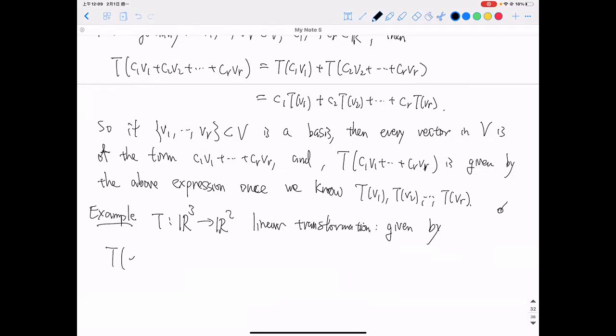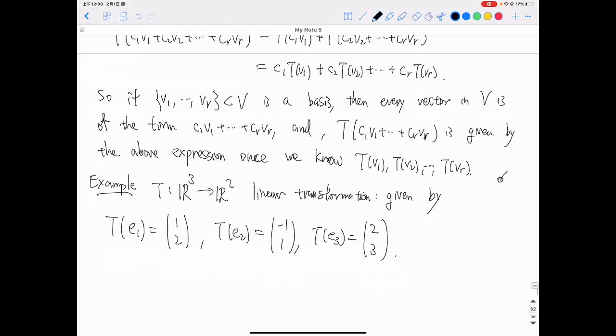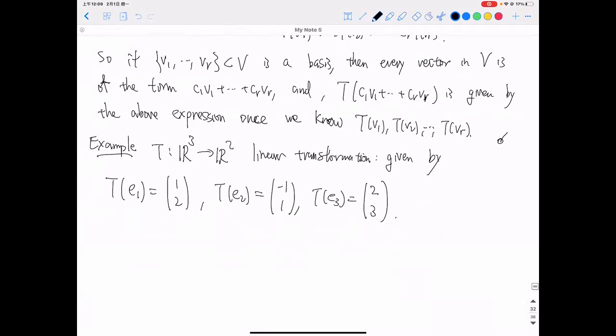The linear transformation is given by the following expression on basis vectors. T of E1 is the vector (1, 2). T of E2 is the vector (-1, 1). T of E3 is the vector (2, 3), say. So we can then, for an arbitrary three-dimensional vector X, so 3 entries, describe T of X as follows.